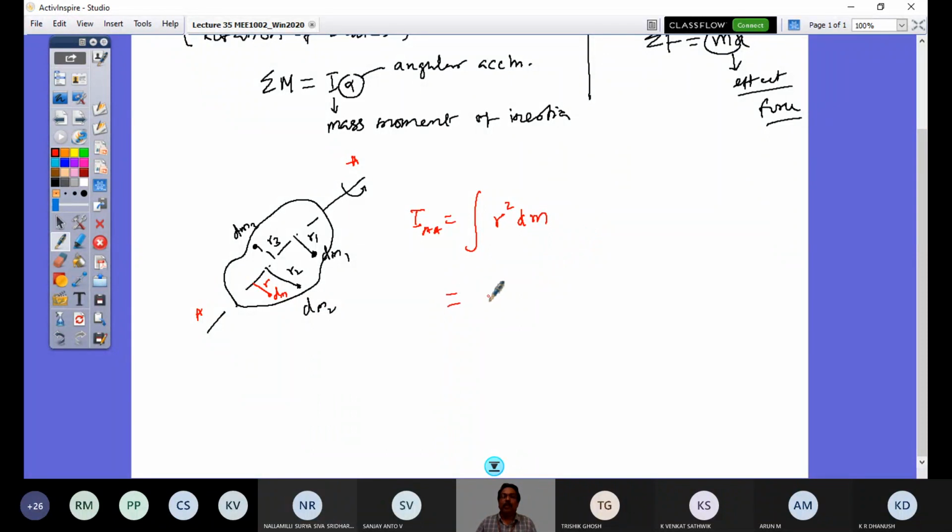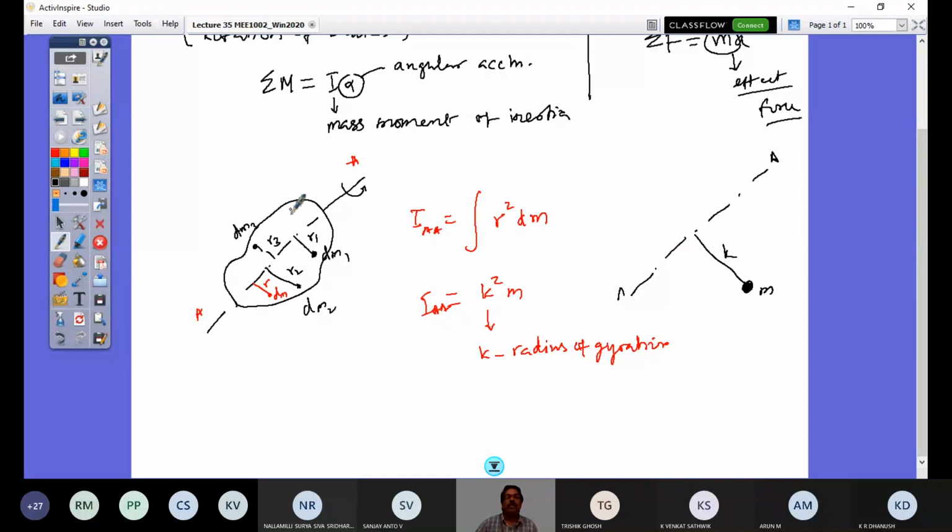And this quantity would be equivalent to k squared times m, where k is called the radius of gyration. So what does that mean? It is equivalent to having the entire rigid body mass represented, with respect to this axis A, at a distance k by a lumped mass, a concentrated mass.